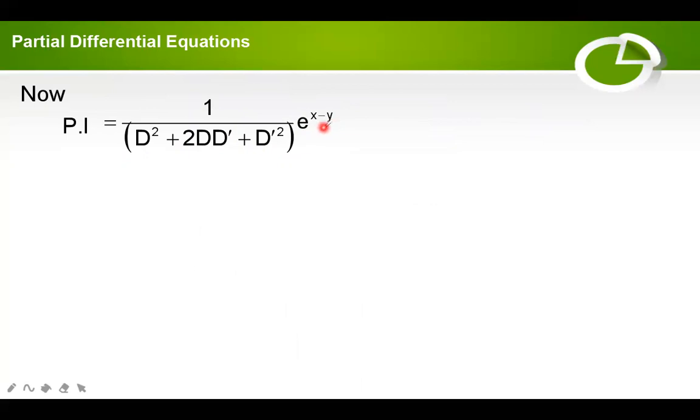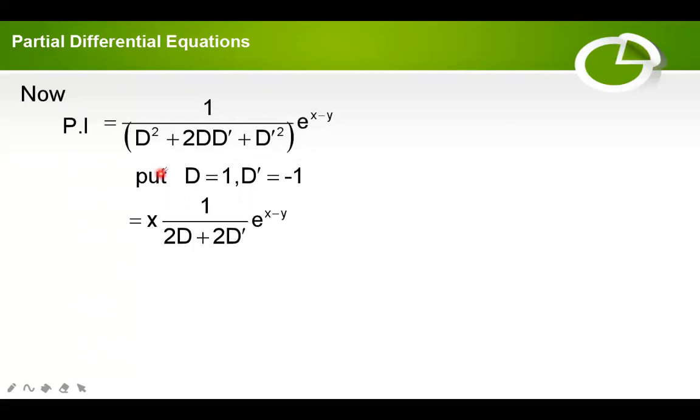If you substitute, what do you get? D square is 1. D times D dash is 1 into minus 1, that is minus 1, into 2 gives minus 2, and this is plus 1. We get 0.